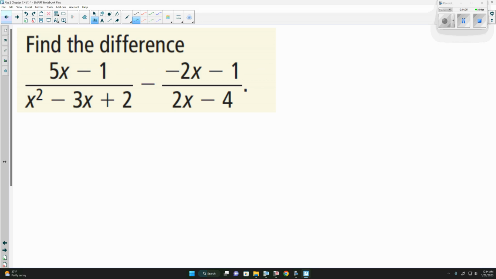Questions on these here? Do we feel pretty comfortable with these?